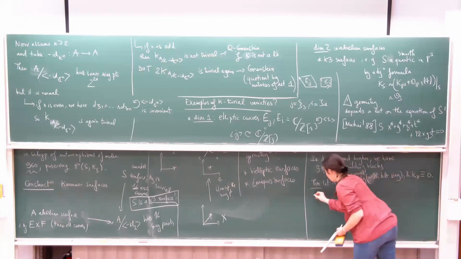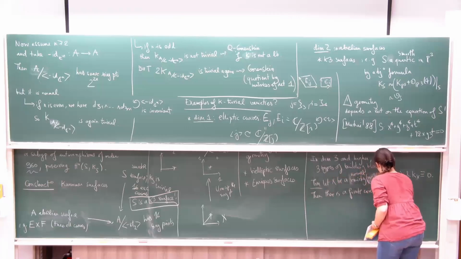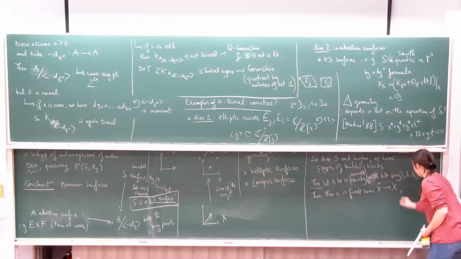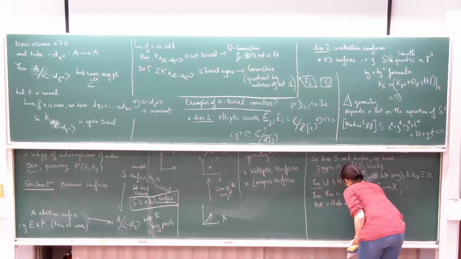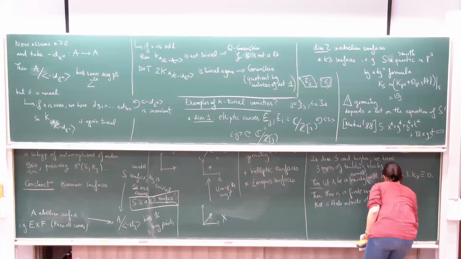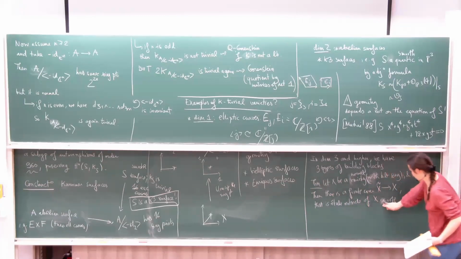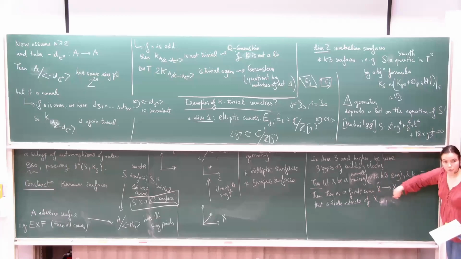Then there exists a finite cover X tilde to X that is étale outside of X smooth, the smooth locus of X. So the only ramification that happens is above the singular points.